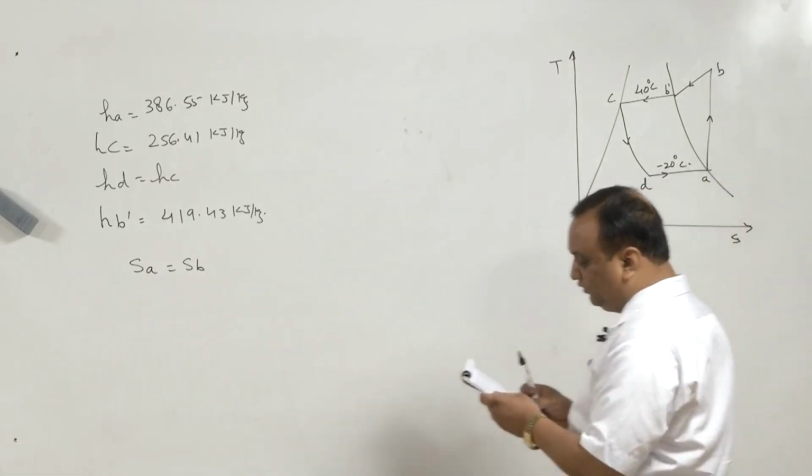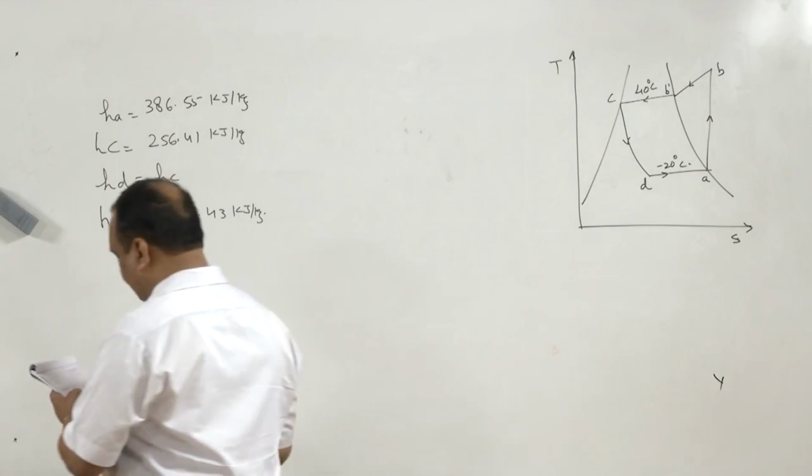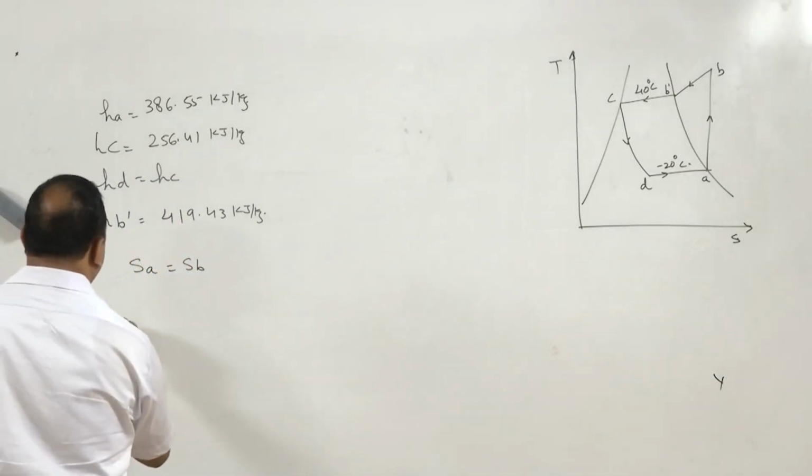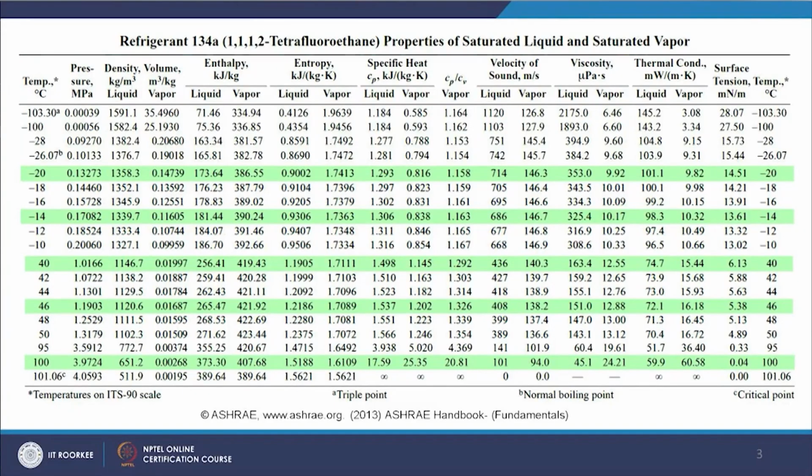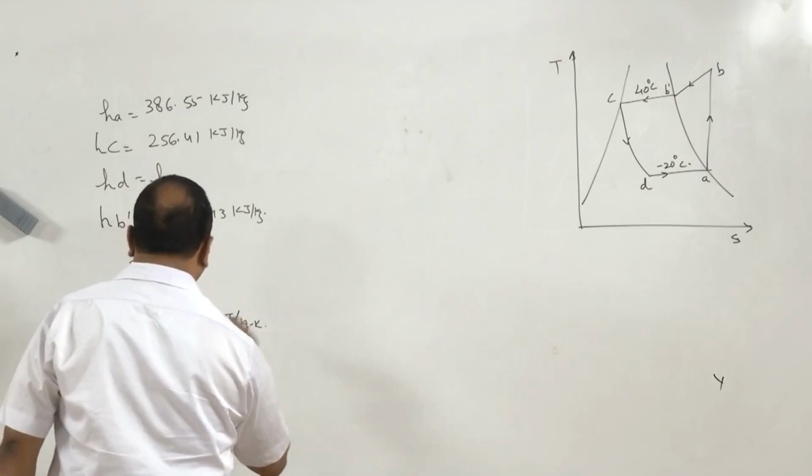Entropy at A is known to us. Entropy at A is the entropy of saturated vapor at minus 20 degree centigrade. So, that is 1.7413 kilojoules per kg Kelvin.